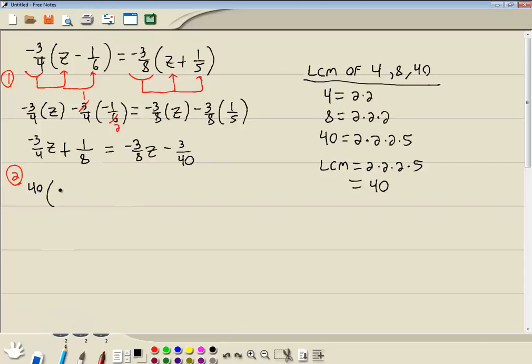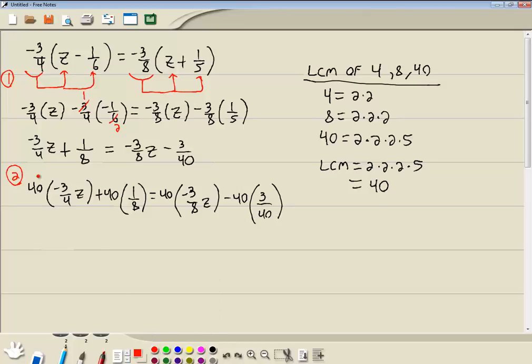So we're going to take 40 times negative 3/4 Z. We'll take 40 times 1/8. We'll take 40 times negative 3/8 Z minus 40 times 3 over 40. Okay, well, this 4 and 40 are both divisible by 4. 4 divided by 4 is 1. 40 divided by 4 is 10. 8 and 40 are both divisible by 8. 8 divided by 8 is 1. 40 divided by 8 is 5.